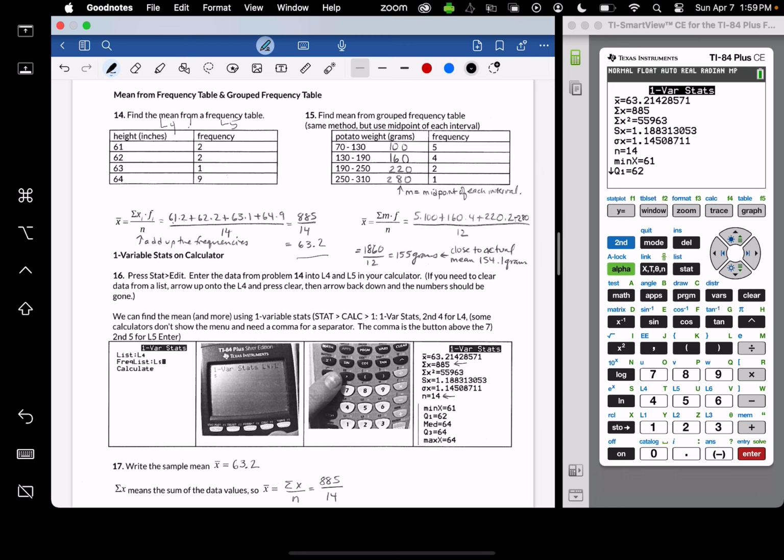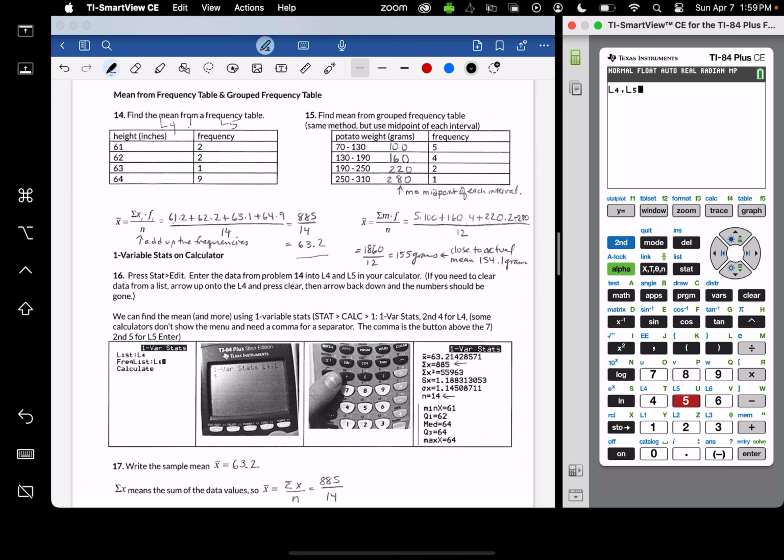And the way I'm showing you in this diagram is the TI-84 that is not a plus. So the old school TI-84 requires you to, once you hit one variable stats and you tell it this information, this pops up on the screen, and you have to do second L4, comma, second L5, and then press enter.